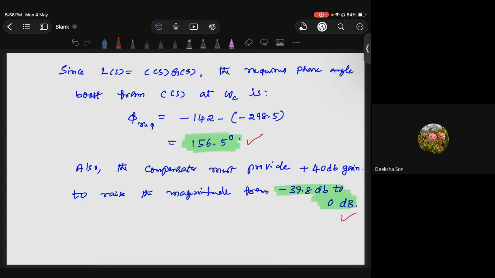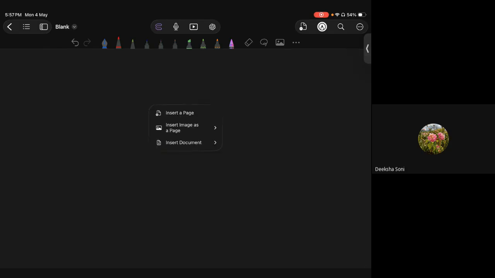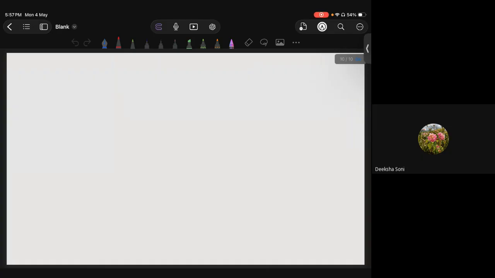So this basically motivates, with both these requirements, the two-stage lead compensator. Let us consider that the third step: two-stage lead compensator.